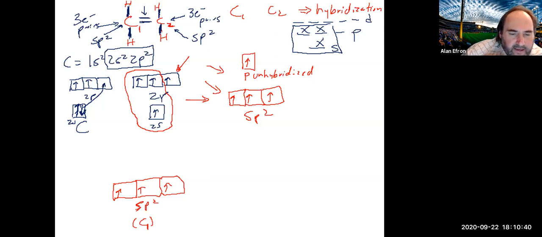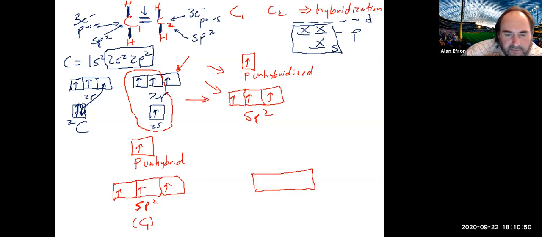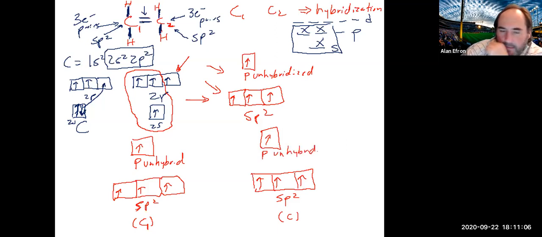We also have that unhybridized p orbital up here. We will also have carbon number 2, which pretty much got the same arrangement. And this would be carbon number 2.